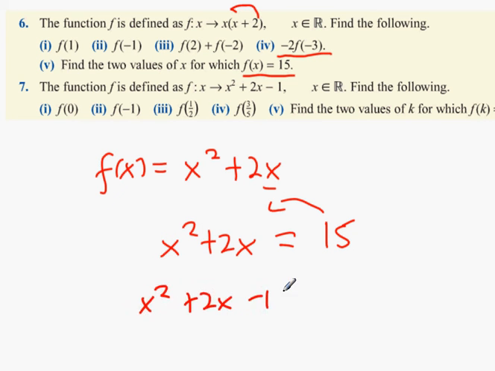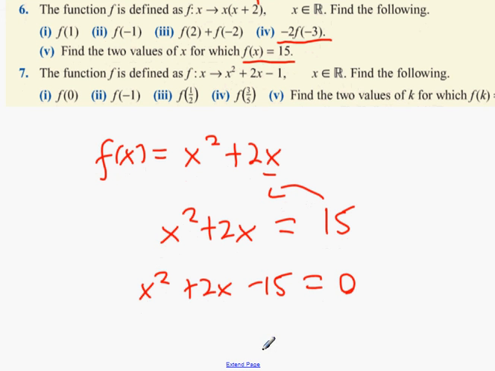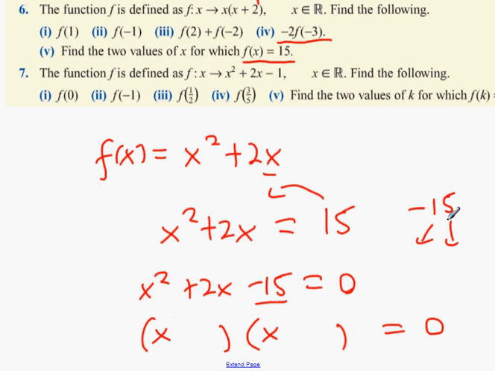What type are we dealing with? Connor, do you know what type we're dealing with? Type 1 quadratic. What numbers do we need to make? We need to make minus 15 when we multiply them.